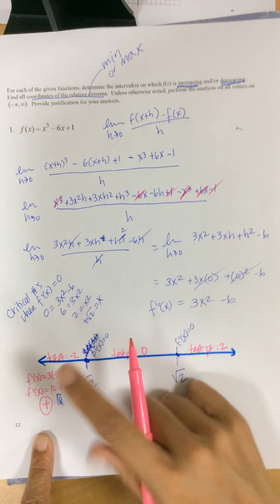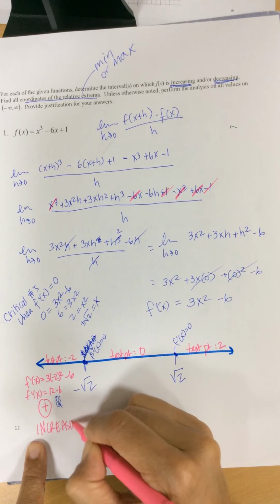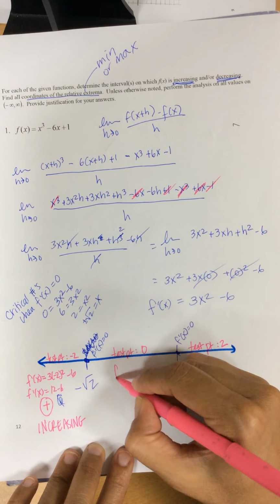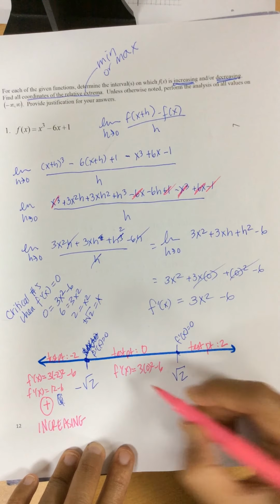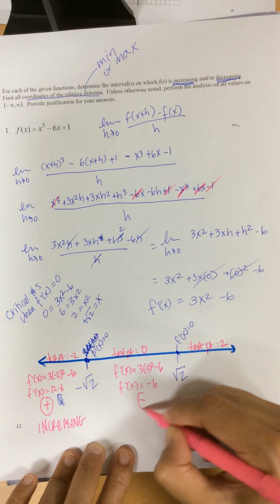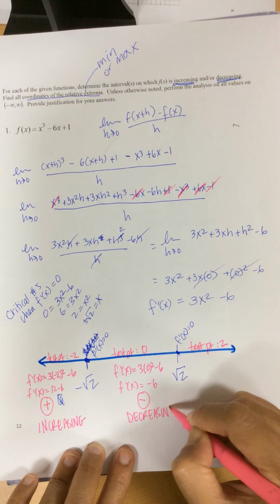If f prime of x is positive, I know this thing is increasing here. And then let's plug in 0. F prime of x equals 3 times 0 squared minus 6. F prime of x equals negative 6. So this thing is negative. On this interval, we are decreasing.